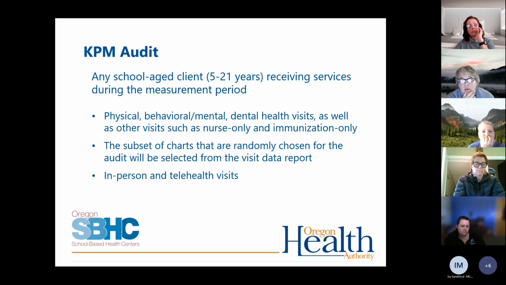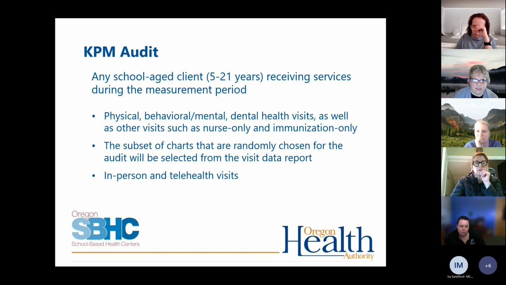The minimum number of charts that we want to be audited is 30 charts. The upper end is 50. And the way you figure out that number between 30 and 50 is you calculate 20% of your unduplicated client count in that age range.